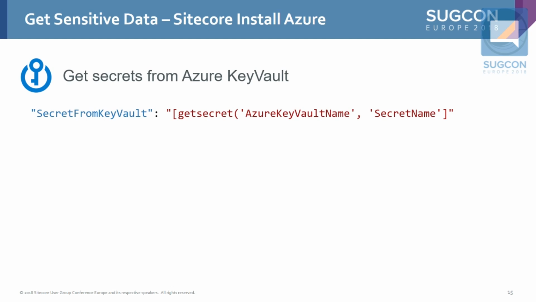Additionally, we are also working on storing certificates in Azure Key Vault, because during xConnect installation we need a lot of certificates, and we can store the certificates in Azure and just grab them from there during installation. So it's easy to distribute, right? To be honest, we don't need to redistribute all these secrets because they are in one place and we can get this data from there.